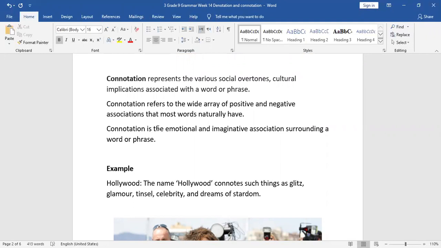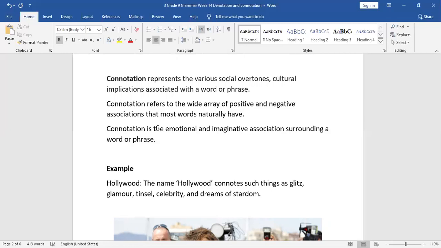Connotations refer to a wide array of positive and negative associations that most words naturally have. One example that I give is the word cheap, where the actual word literally means that something is well priced. But if you say that this is a cheap computer or this is a cheap car, what you mean to say is that the car or the computer is of low quality, not just a very good price.